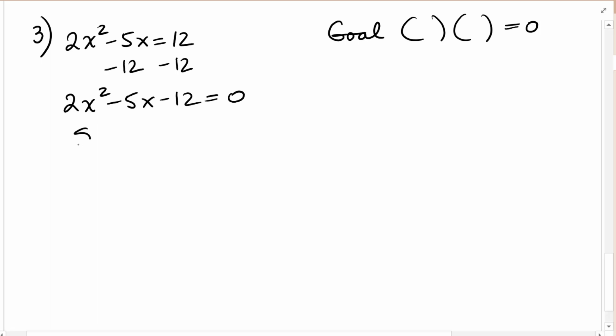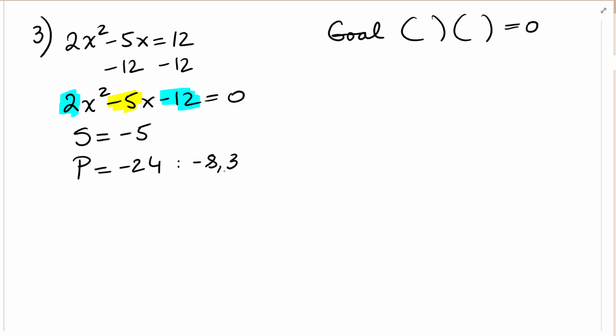So we are looking for two numbers that have the sum negative 5 and the product negative 24. So the two numbers that satisfy that are negative 8 and 3, right? Negative 8 times 3 is negative 24. Negative 8 plus 3 is negative 5.